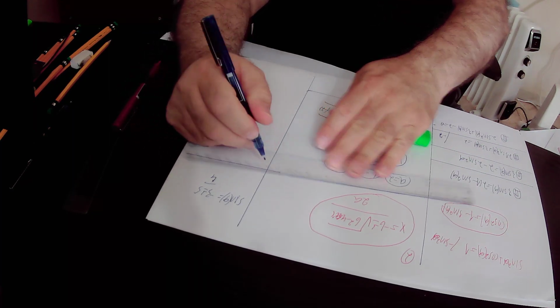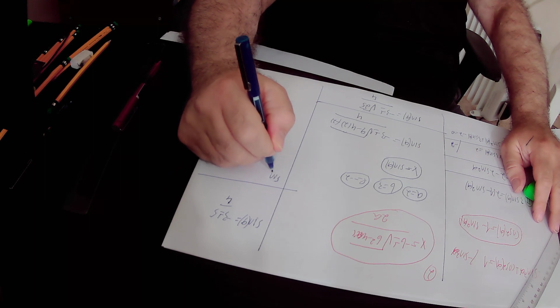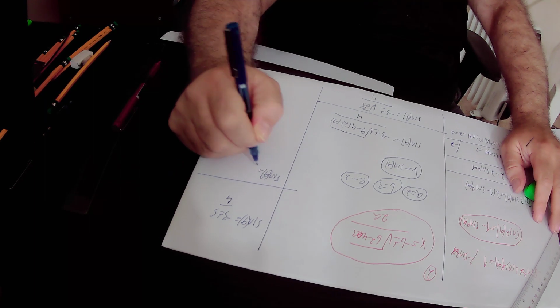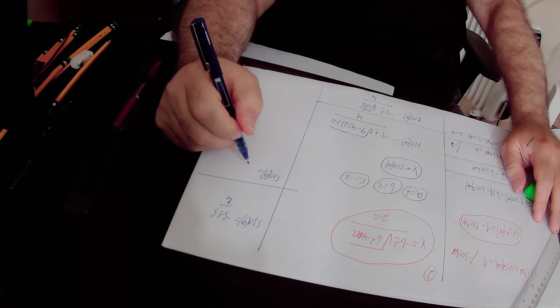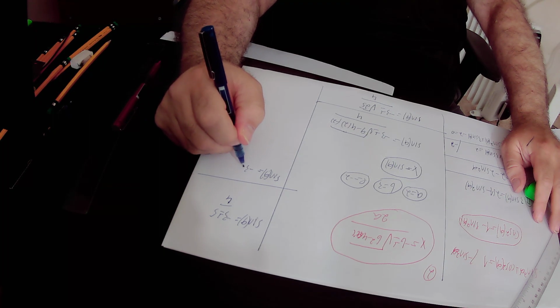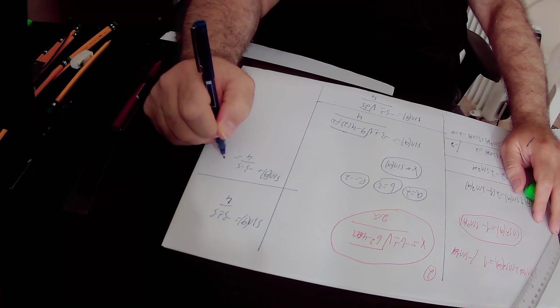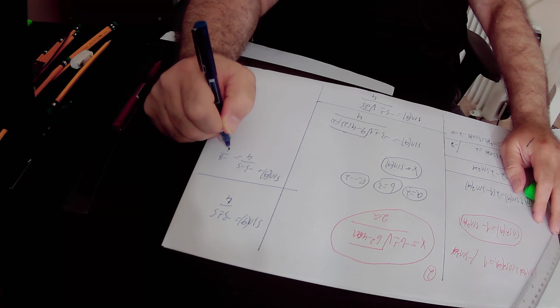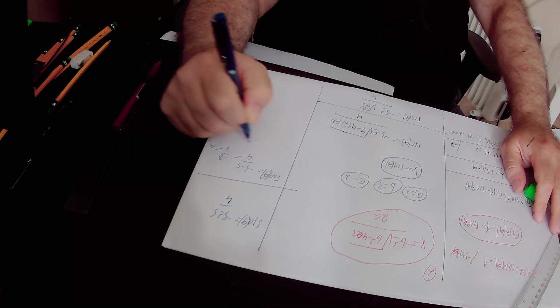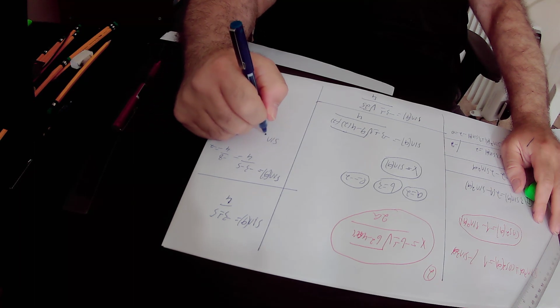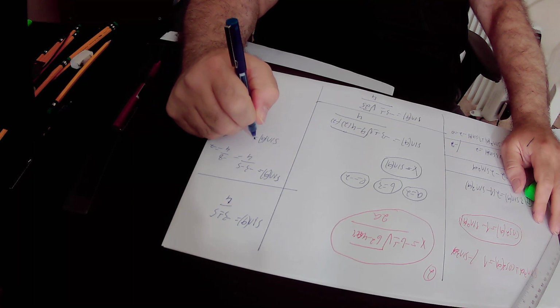The first solution for sinus alpha is that minus 3 minus 5 over 4, minus 3 minus 5 is minus 8, and minus 8 over 4 is minus 2. So we found out that sinus alpha equals minus 2.